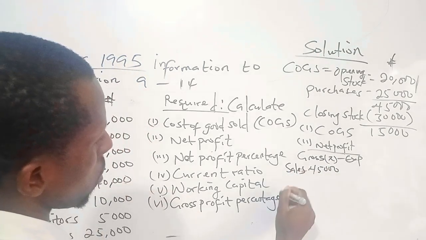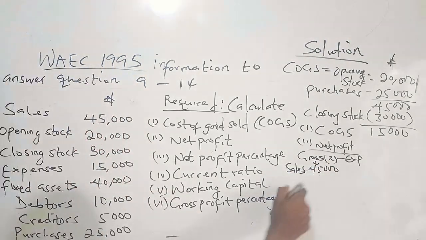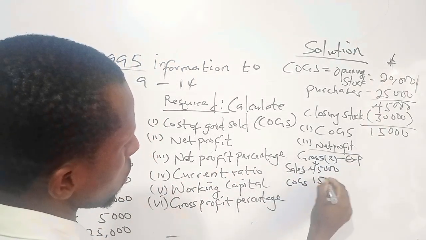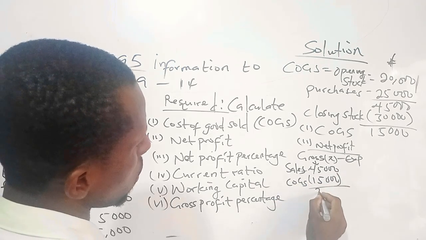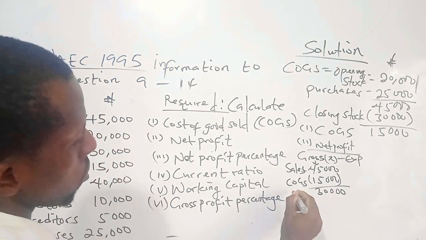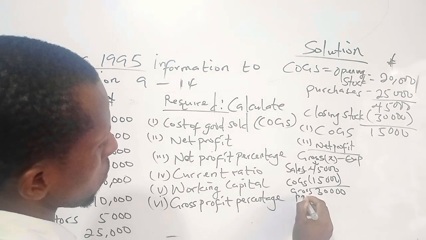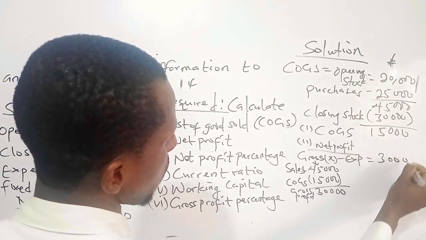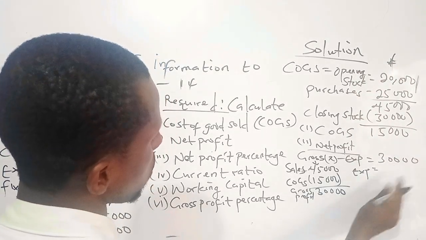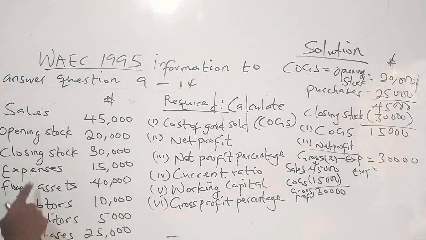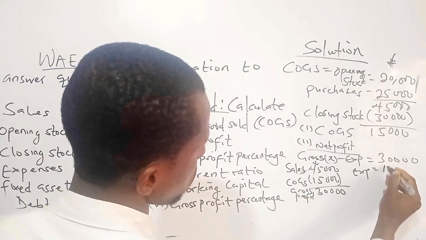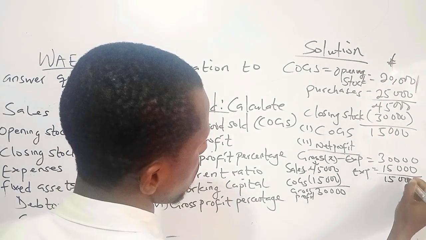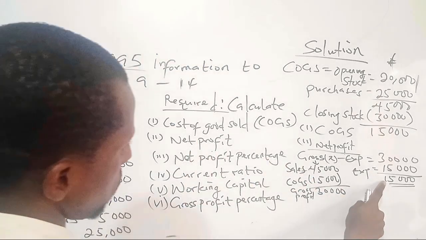We less cost of goods sold from it, which is 15,000 naira, and you have 30,000 naira. This is our gross profit. Now I can deduct my expenses. From the question, the total expenses is 15,000, so I say minus 15,000. Here I have 15,000 naira as net profit.